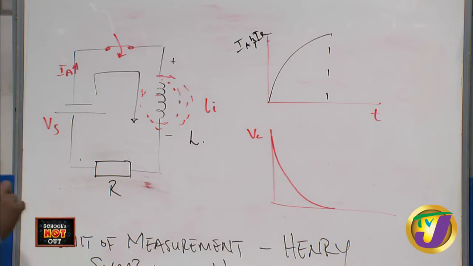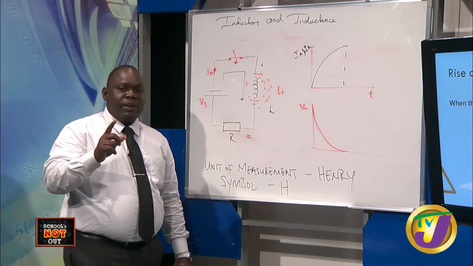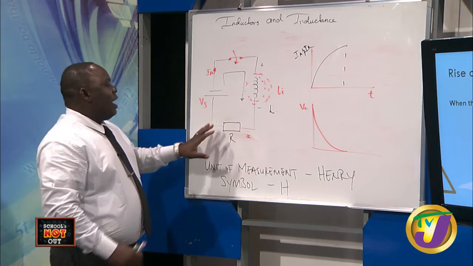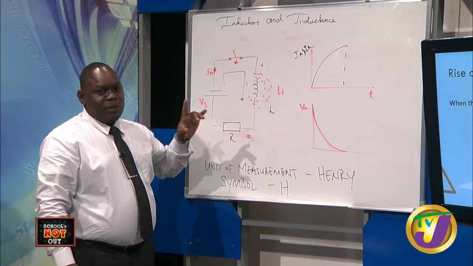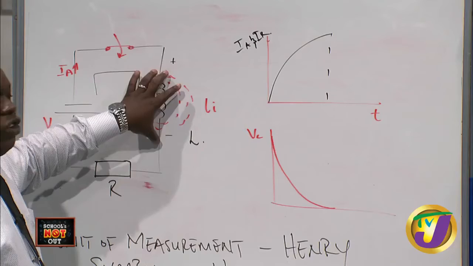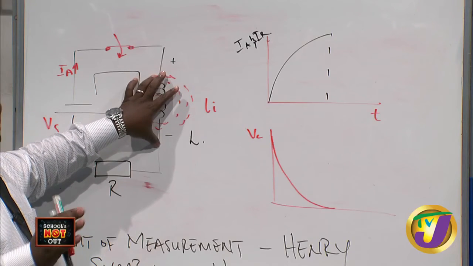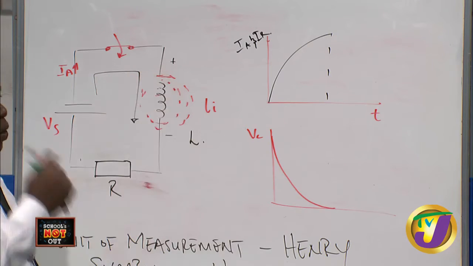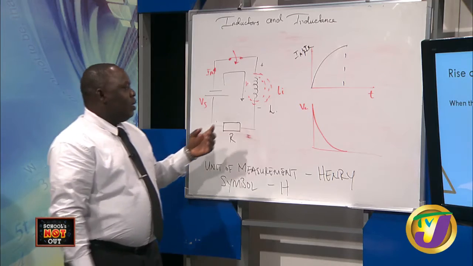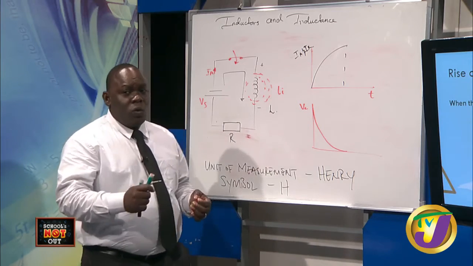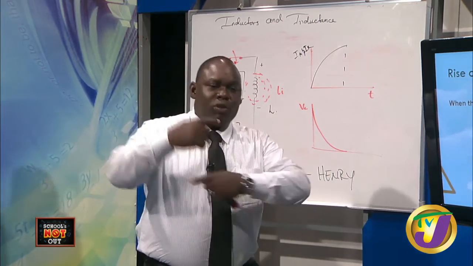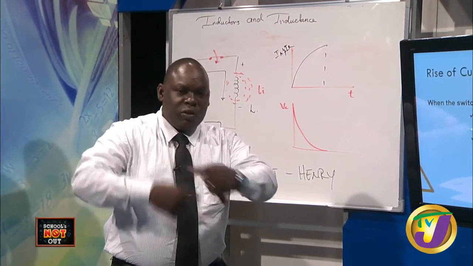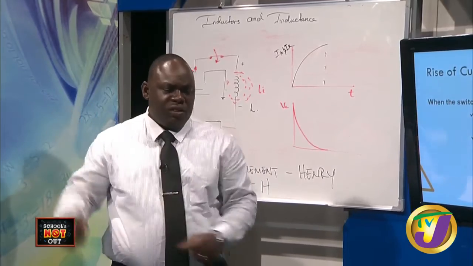But one important point to note is that when we have maximum current flowing, this inductor no longer has an effect on the circuit. Now we can illustrate this, and we can think about you having a hose at your home. That hose might be wrapped up around something that you use to store it.